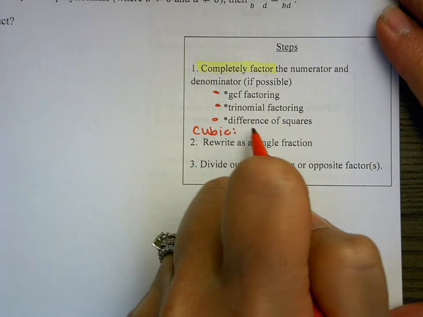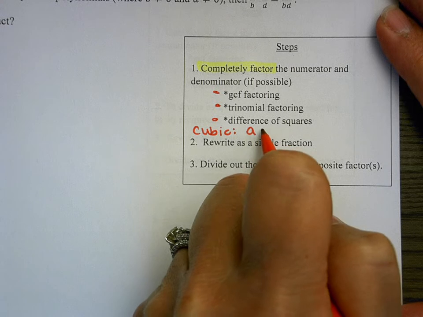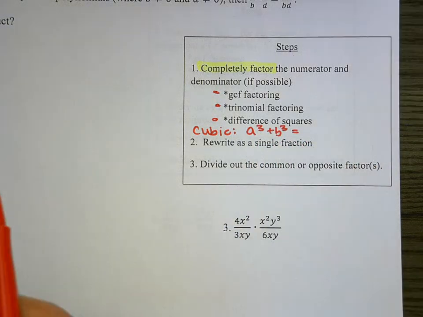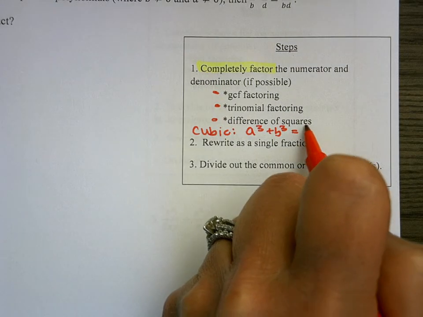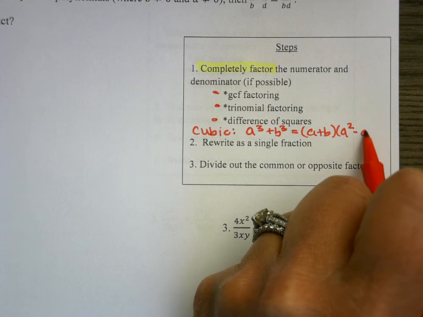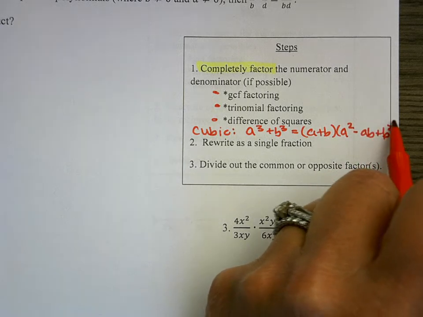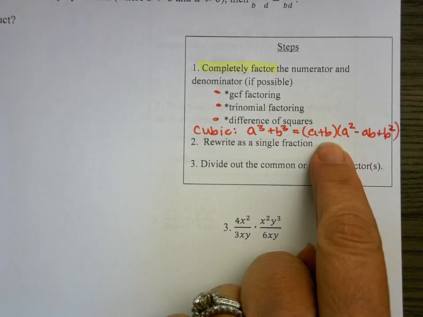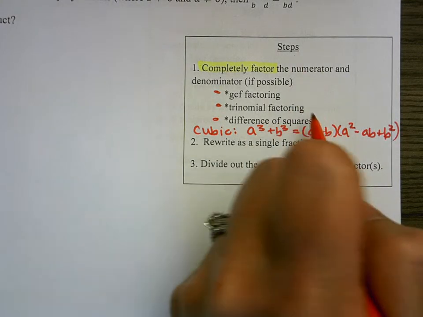So if you don't remember that cubic pattern, you might want to go back and review that from a couple units ago. If you have something like a cubed plus b cubed, just a reminder that would be a plus b, and then a squared minus ab plus b squared. And then if it was a subtraction, then these two would be different, right? This was SOAP, I don't know if you remember that.